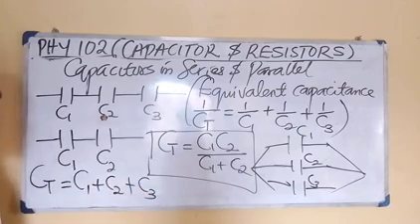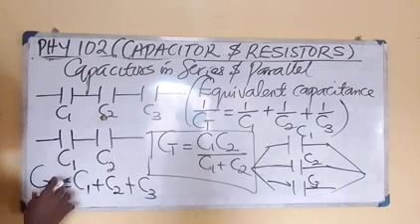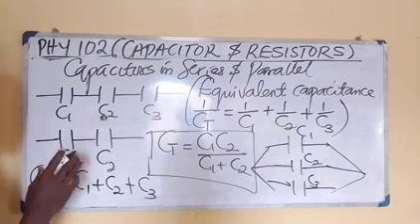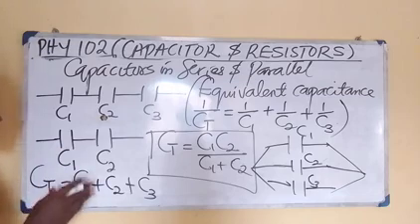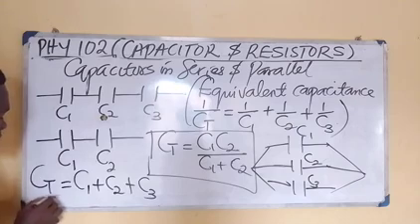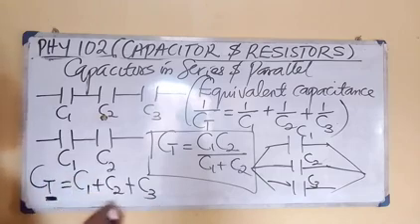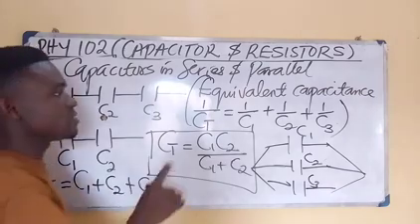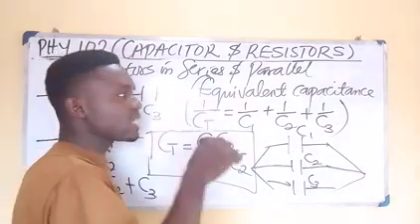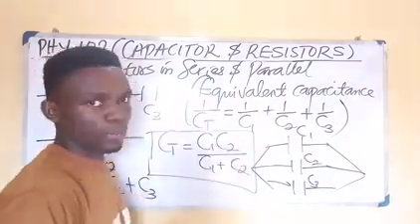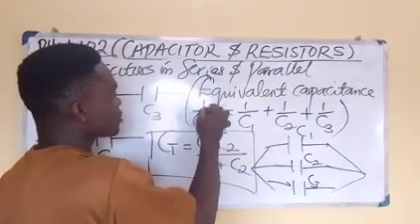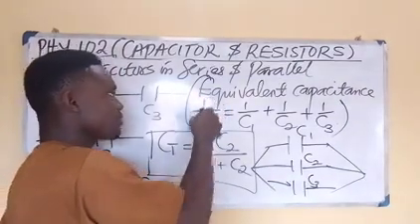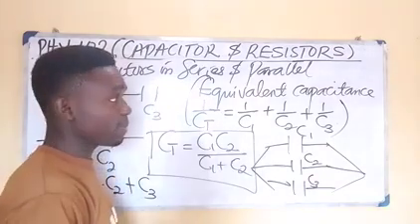It's as easy as that, which means that for capacitors in parallel, the equivalent capacitance is bigger than the individual capacitors. But capacitors in series is less than the individual capacitors, because here we are having the reciprocal of the total capacitance.